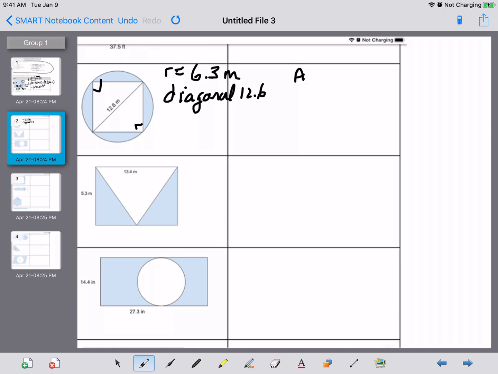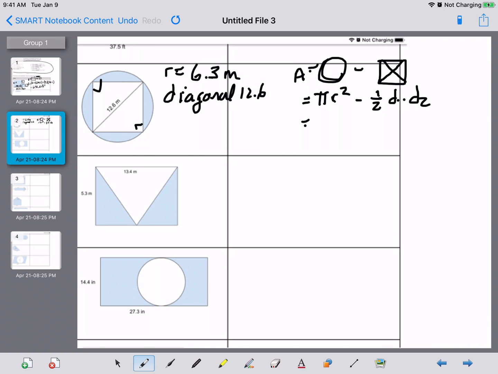I'm going to find the area by taking the circle area and subtracting my square area, but I'm going to use diagonals to make it work. So the formula is pi r squared, my circle area formula, minus 1/2 diagonal 1 times diagonal 2, because a square's diagonals meet at right angles.